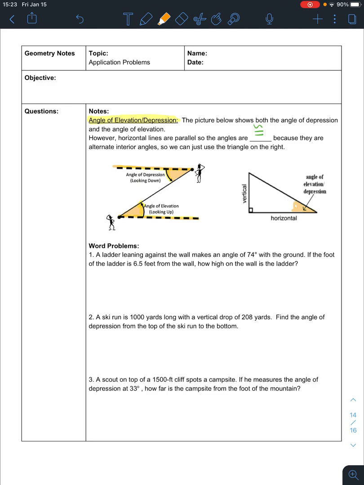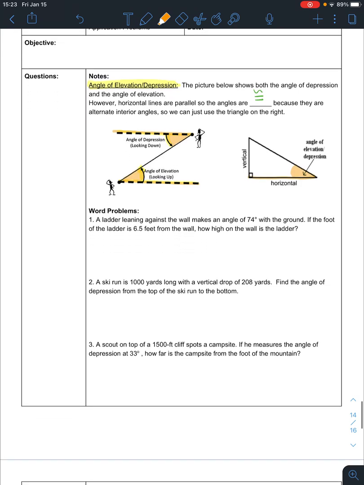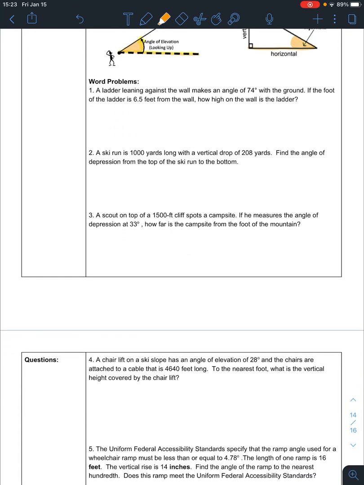You're going to draw your right triangle however you want to draw it, and every picture is going to end up being a right triangle. Your angle of elevation or your angle of depression, whatever it's called, is going to be off of the horizontal line. So it's going to be between the hypotenuse and the horizontal line every time. So really that's what you need to know about it.